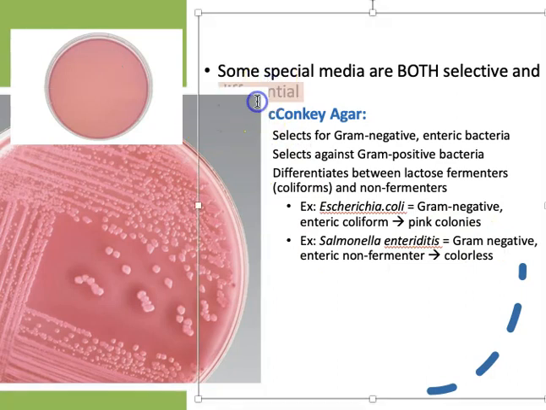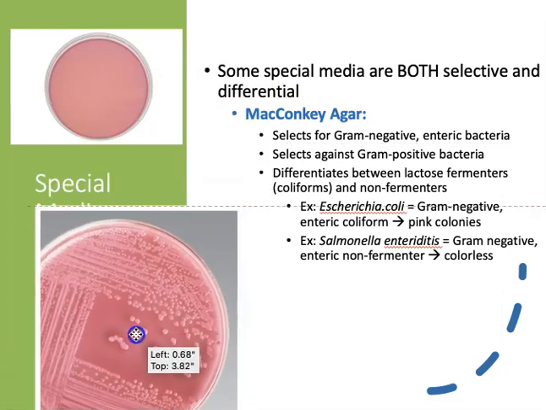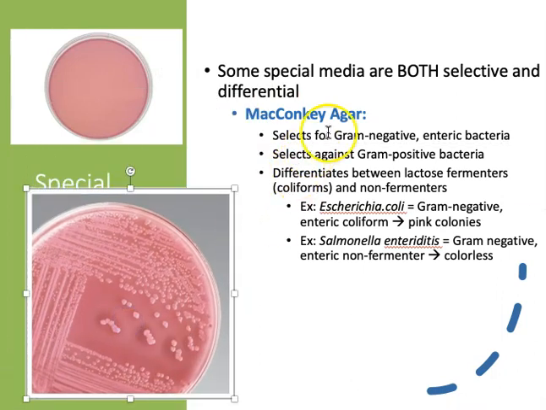MacConkey agar is also selective. MacConkey agar can select for gram-negative enteric bacteria. So if it's a gram-negative organism that lives in the gut, it will grow on MacConkey agar. It will select against gram-positive bacteria.